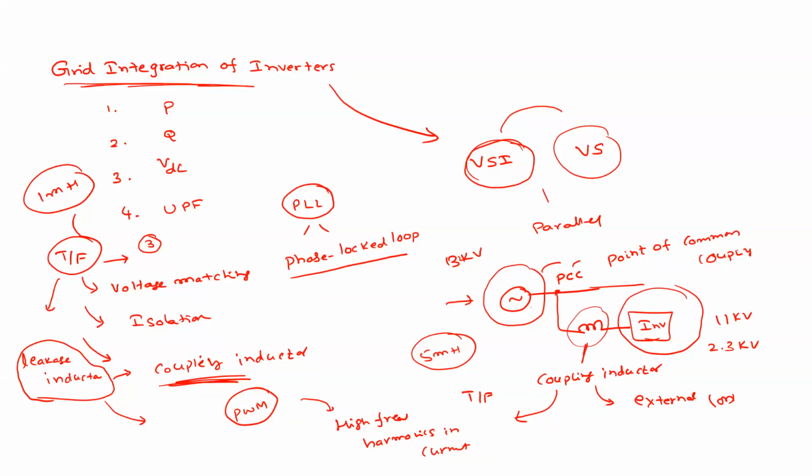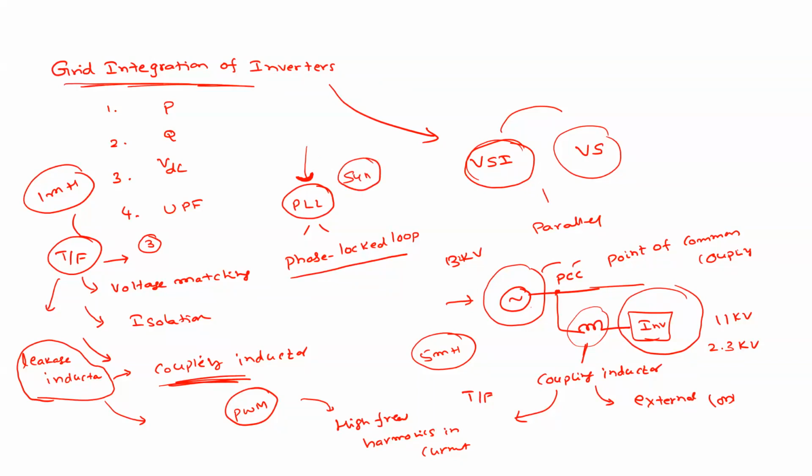What is the purpose of this phase lock loop? It synchronizes the output signal. We use the PLL for synchronization, so you require a phase lock loop.